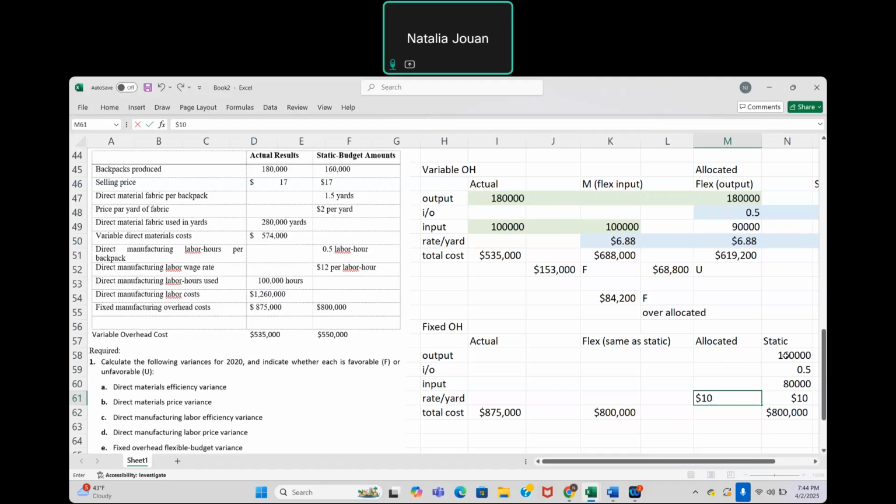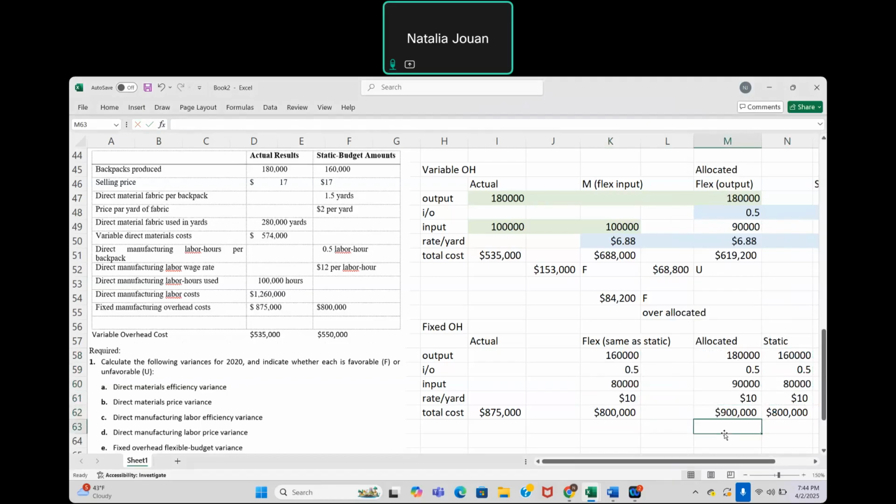And by the way, this I'm going to copy completely and transfer over here, same as the static. But the allocated behaves the same way it always has. Allocated 180 is the input, the output, sorry. Input per output is a half hour. So this is 90, and this will be 900,000.